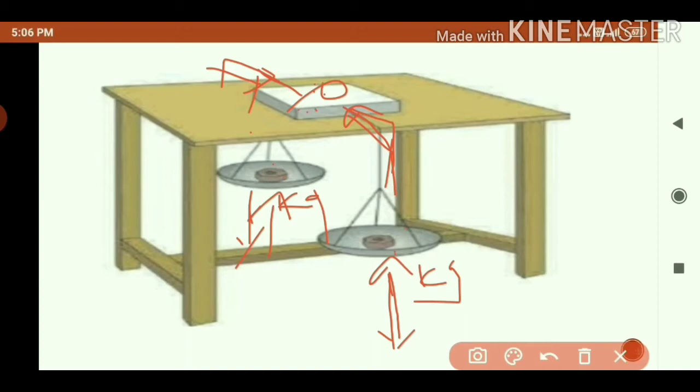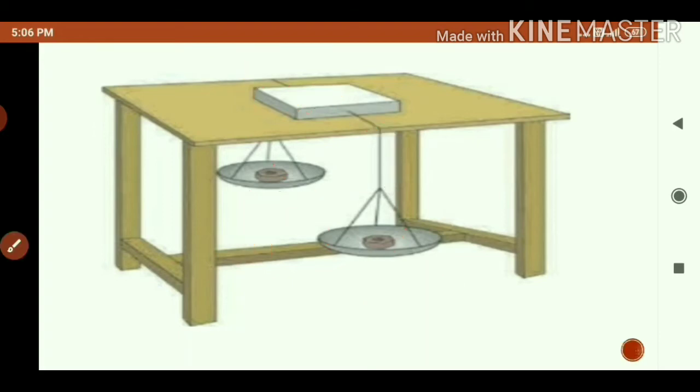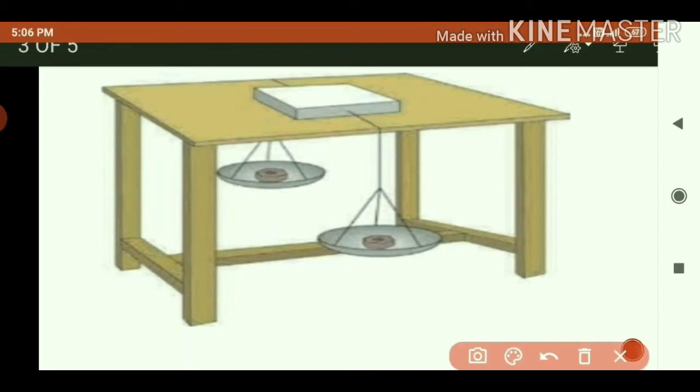And suppose now more force or more mass is kept in this pan, here I make it 2 kg, here 1 kg as it is. Let's clear this. Here 1 kg, here I made it 2 kg.